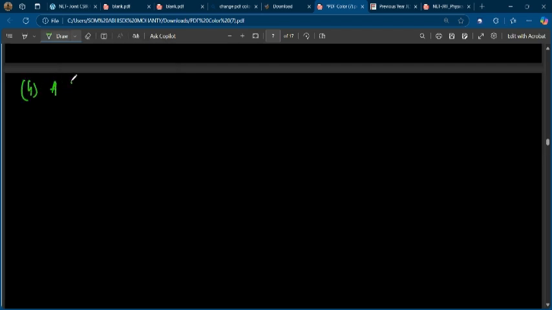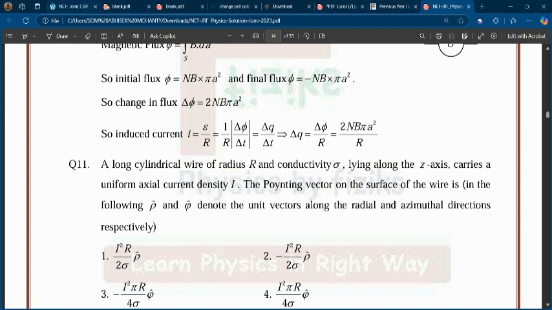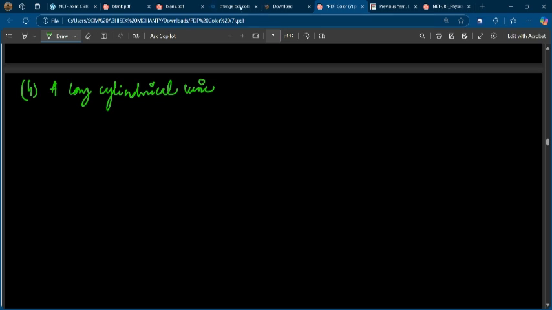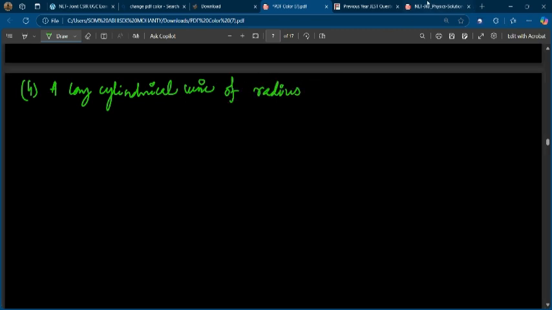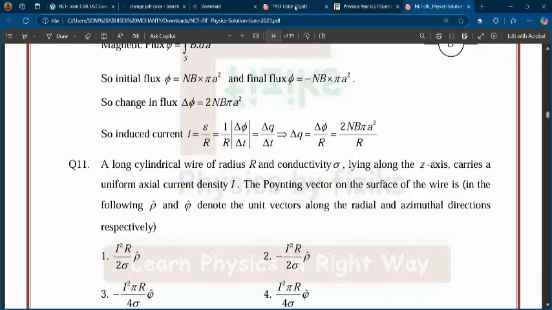A long cylindrical wire of radius capital R and conductivity sigma, lying along the z-axis.